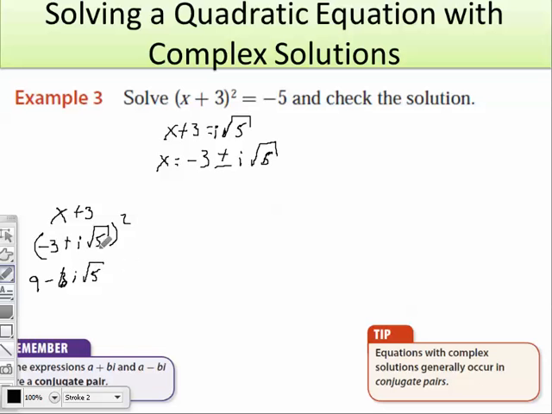And then that'd be a plus 5i squared. Well, 9, and this is going to be a minus 5. That's going to be a 4 minus 6i square roots of 5. Wow, that's nowhere near 5, is it?